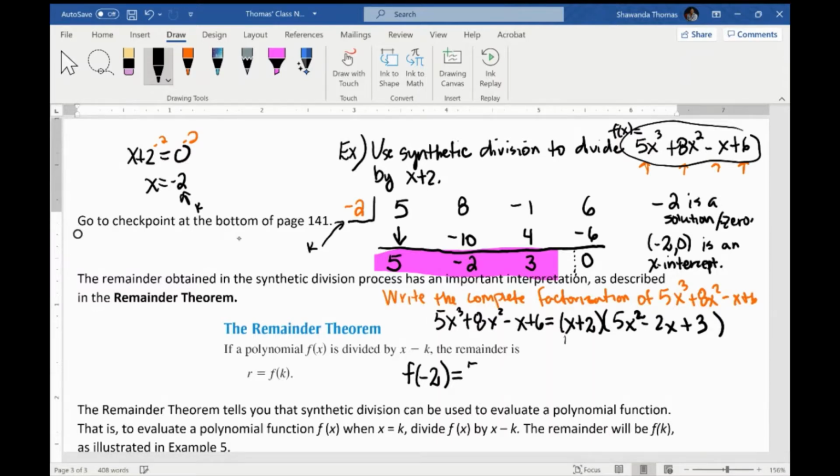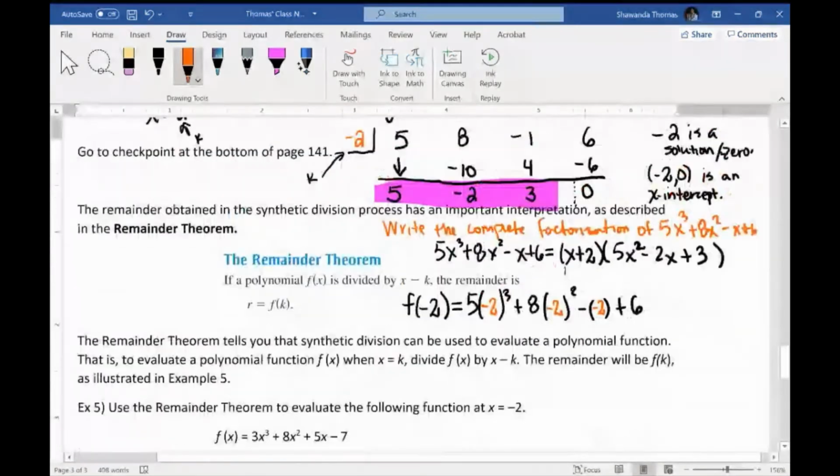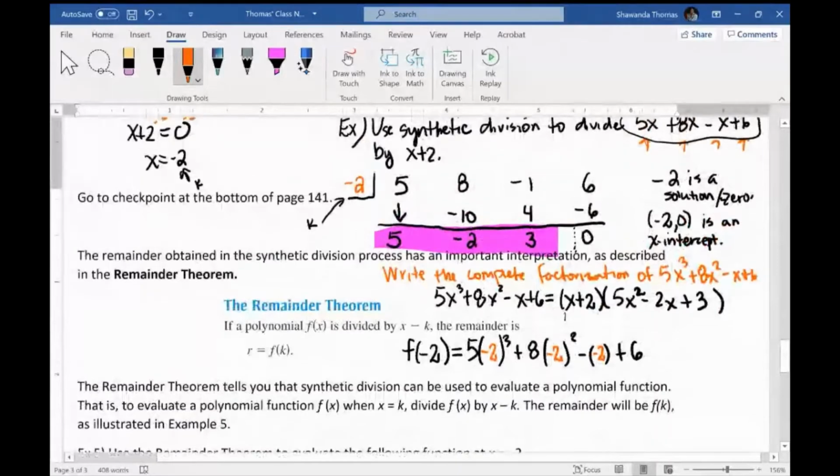We'll do this: 5 times something cubed plus 8 times something squared minus something plus 6, and we plug in what we're evaluating it at. So we plug in -2 in this case. This remainder theorem says you can do it that way, but you're going to end up getting this same number right here, the remainder, always, which is kind of interesting.